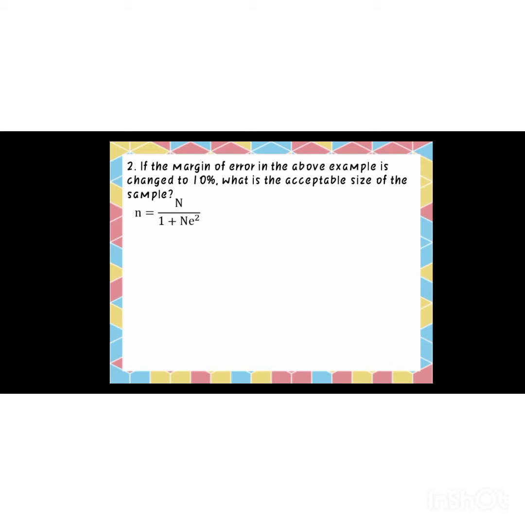So mangyayari niyan, 500 over 1 plus 500 times 0.10 raised to 2. So you have the sample size of 83.33. Again po, sample size is always a whole number. So therefore, i-round off po natin siya. So we'll be having a sample size of 84. Clear po ba?